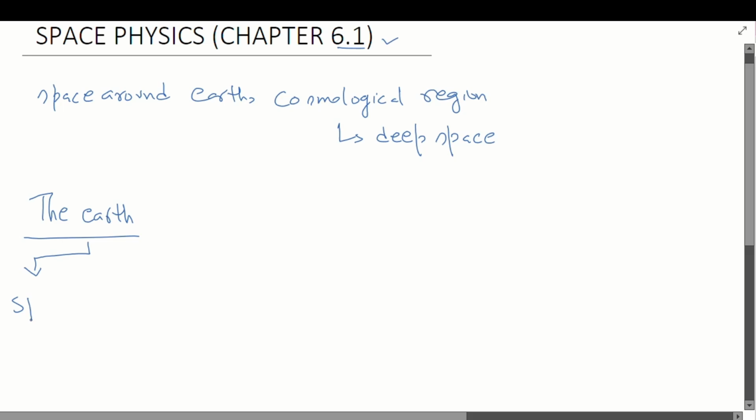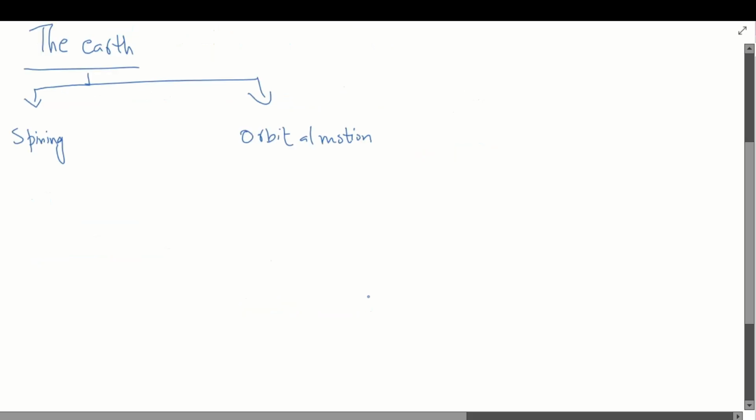One is referred to as spinning and the other is referred to as orbital motion. The spinning of Earth basically takes 24 hours, and that spin is the main cause of day and night.